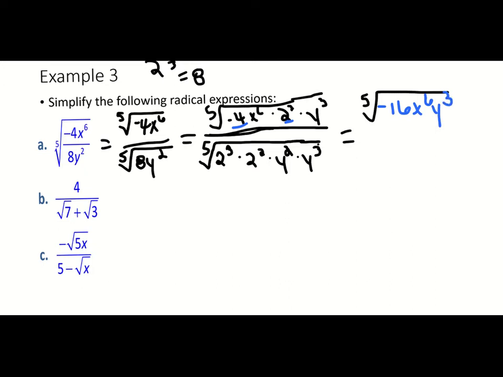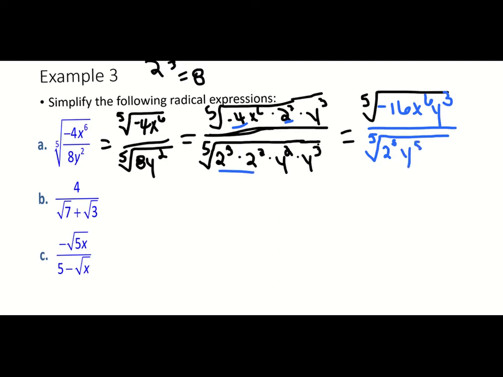And then on the bottom, I'm going to have the 5th root of, and I'm going to leave it in power form right now just to show you, 2 to the 5th power, because remember when you multiply powers with the same base, you add your exponents, and y to the 5th power.